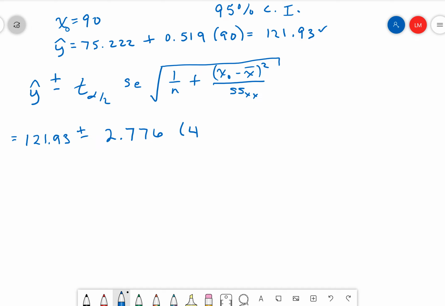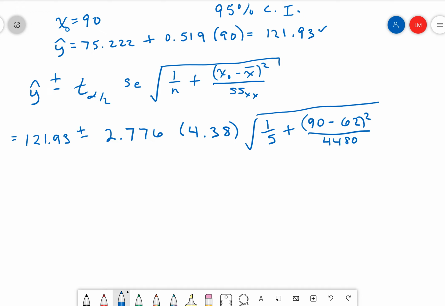Our standard error, the standard deviation of the estimate, was 4.38. Multiply by 1 over 5 customers, plus our new value is 90. Subtract our average x's, which was 62, square that, divided by 4480, the sum of the squares of our x's. We can keep going here. That would be 121.93 plus or minus our margin of error.